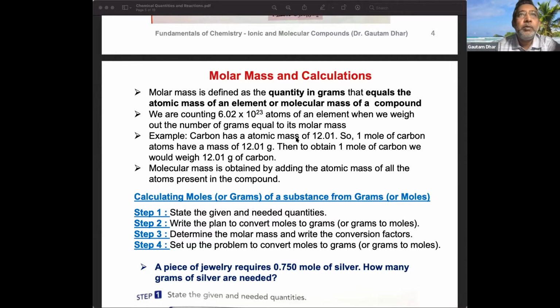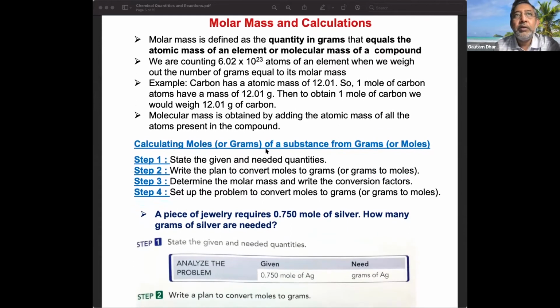If you look at carbon, carbon has an atomic mass of 12.01. That's the average atomic mass. So if I take 1 mole of carbon atoms, it will have a mass of 12.01 grams. For molecular weight, you just add up the atoms.